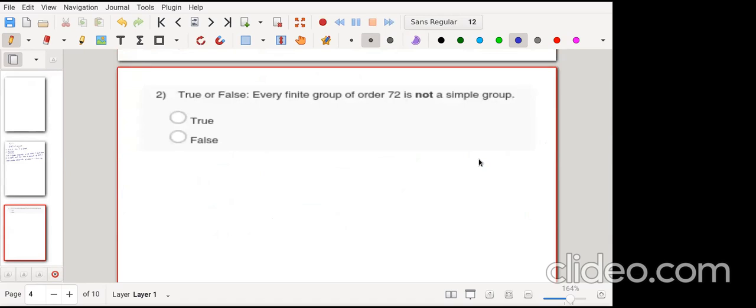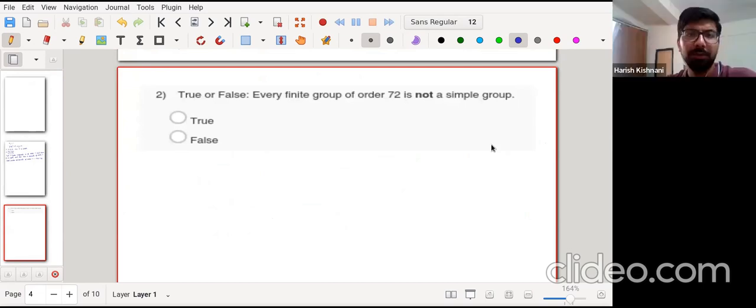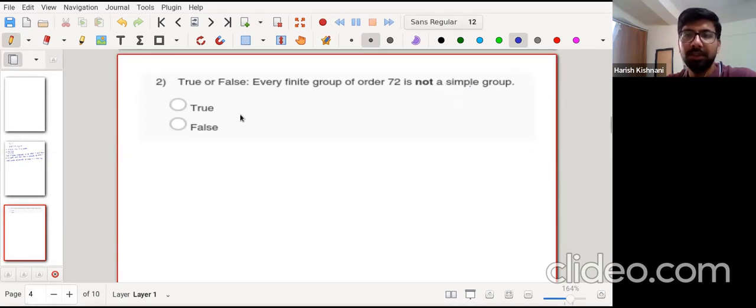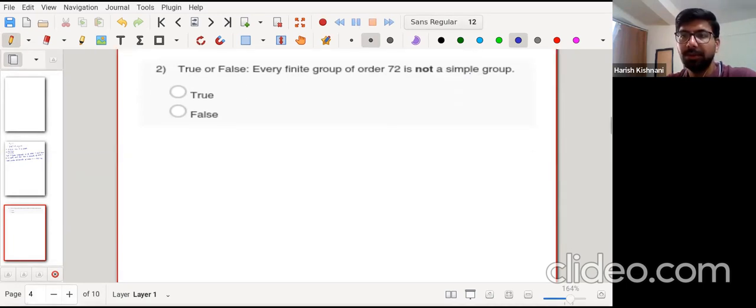Clear, sir. Okay, Shalini, it's clear to you. What about others? See, interaction only is helpful to you guys, not for me. I will do whatever I'm supposed to do, but it's beneficial for you if you are interacting.